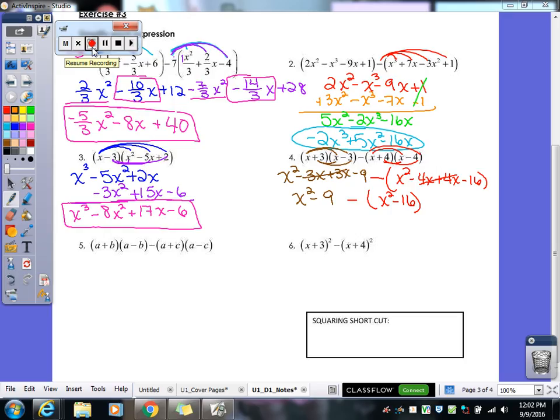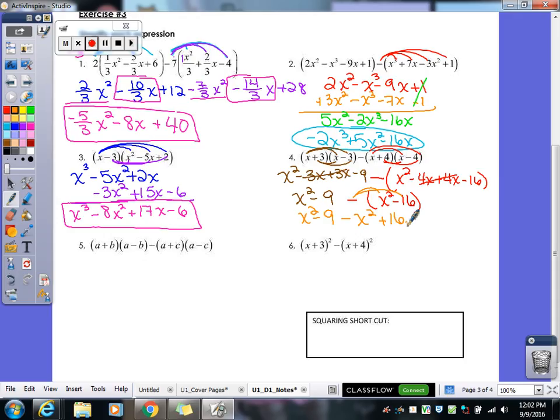Now notice, I kept mine in the parentheses because we have to remember to subtract all of this, not just the first term, which is what usually happens if you drop your parentheses. You got to subtract that whole thing after you multiply. So now it's like what we did up above. Distribute your negatives, so we really have x squared minus 9 minus x squared plus 16.